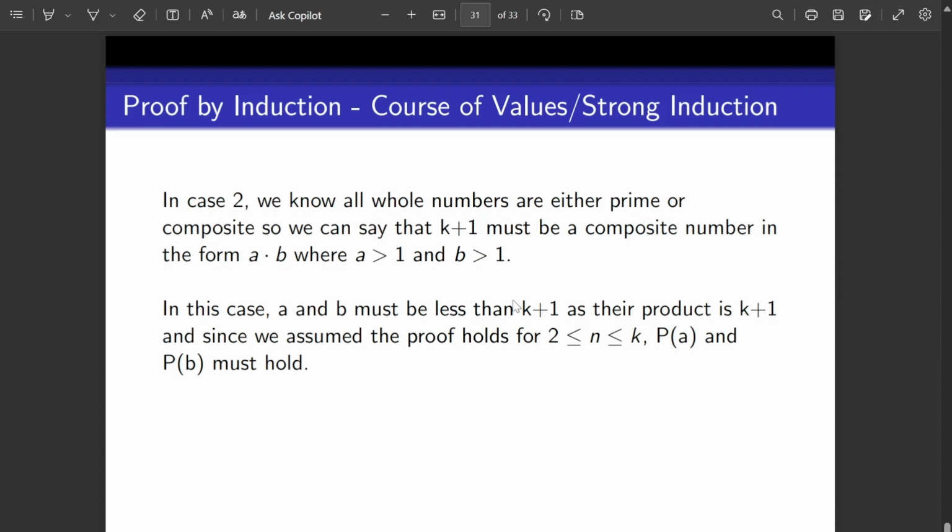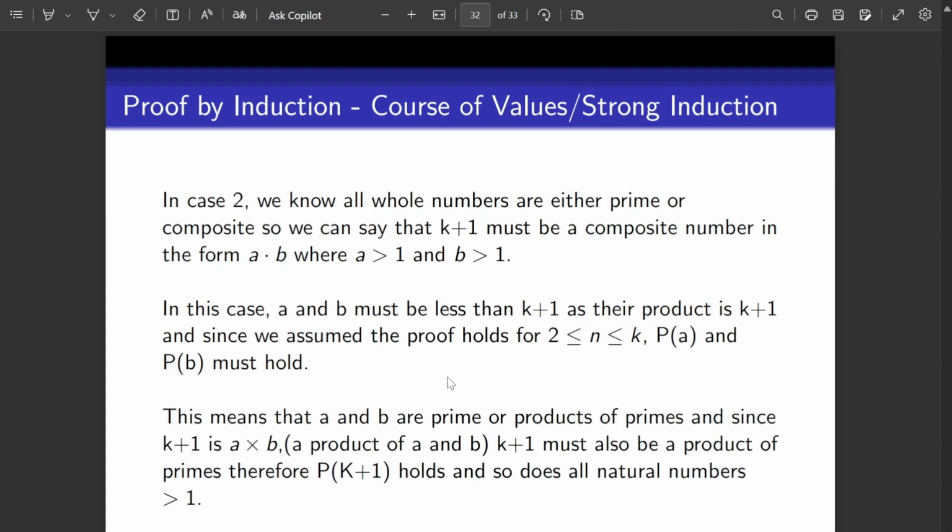And so since a and b multiply together to make k plus 1, a must be less than k plus 1, and so must b be less than k plus 1. And this is all occurring in the natural numbers. Since they're less than k plus 1, a and b both have to be somewhere in this range of values we assumed hold, which means that p of a holds and p of b holds, which means they're either prime or products of primes.